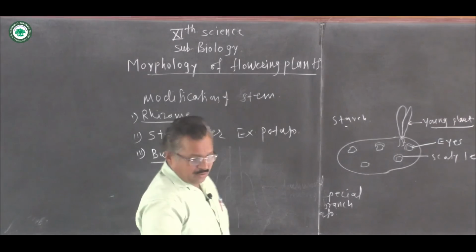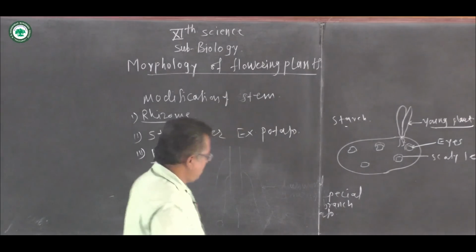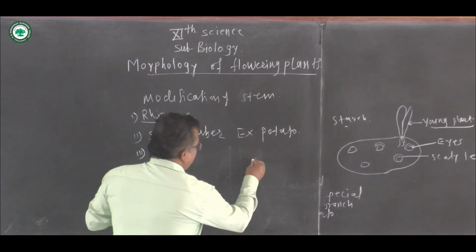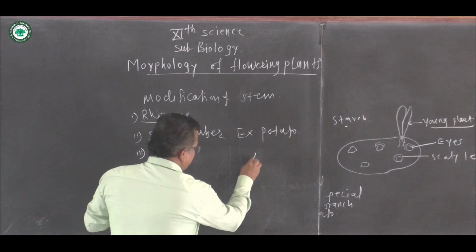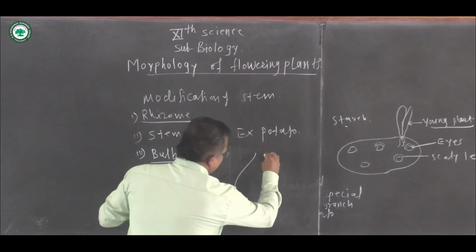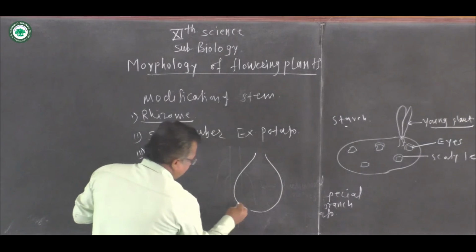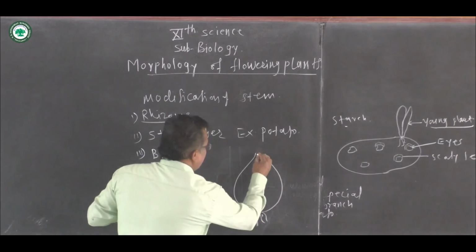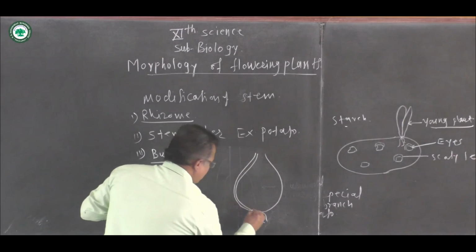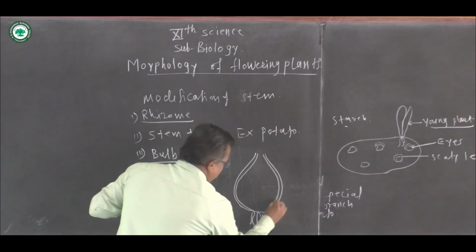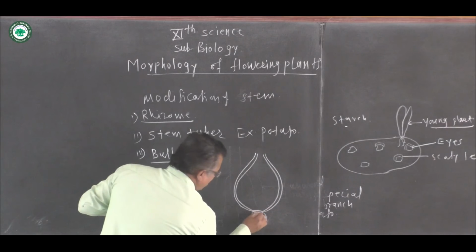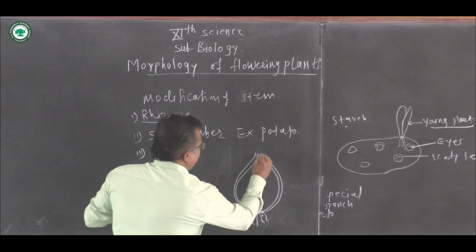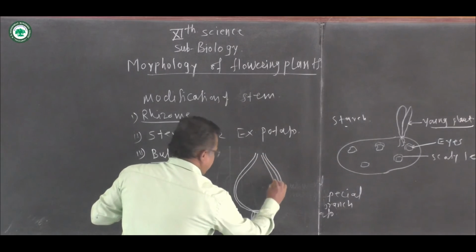See the arrangement of the leaves, like this, and a discoid stem is present.